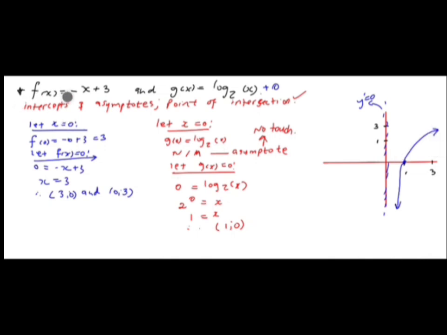Should go that way. Now we'll use black to represent our linear function, which is at 3 and 3 right there, something like that. And that's how your functions drawn will look.